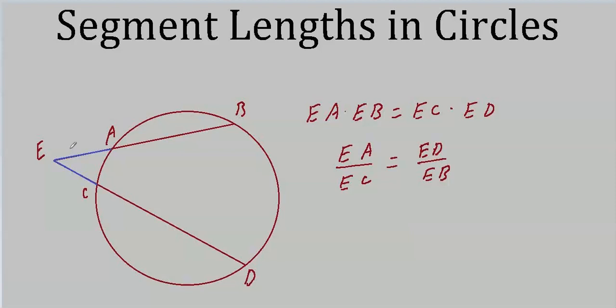So the ratios of the entire segments is the same as the ratios of this tiny outside part, the outer segment, except that they're flipped. This one we got this over this. In the other case we got the lower one over the upper one.